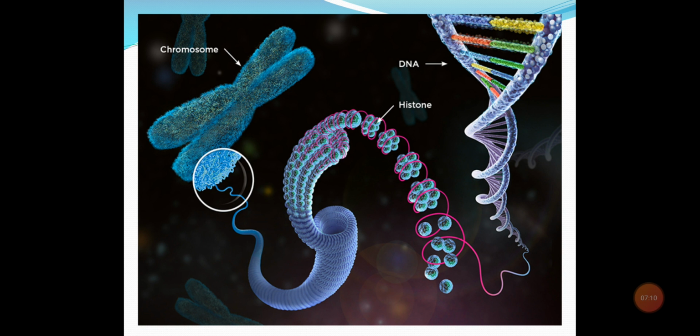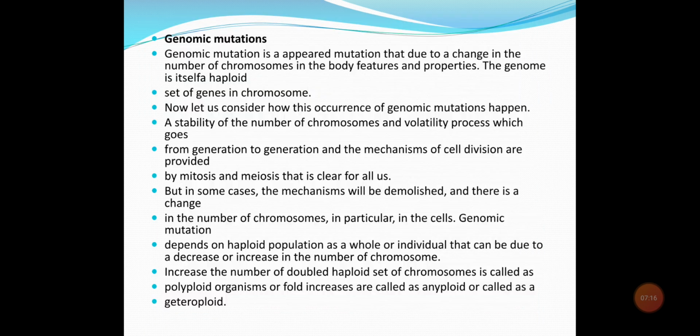A nonsense mutation is a mutation in which we change a codon that codes for an amino acid into a stop codon that terminates our polypeptide chain prematurely, and this creates a non-functional protein.